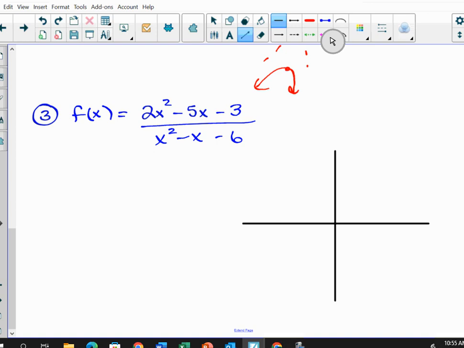You need to be able to factor on your own. The leading coefficient. I will run over you guys. No joke.